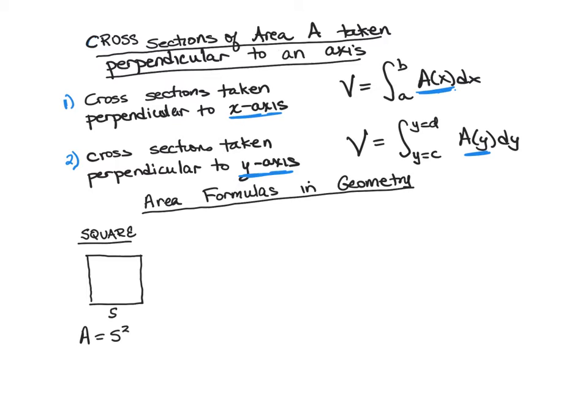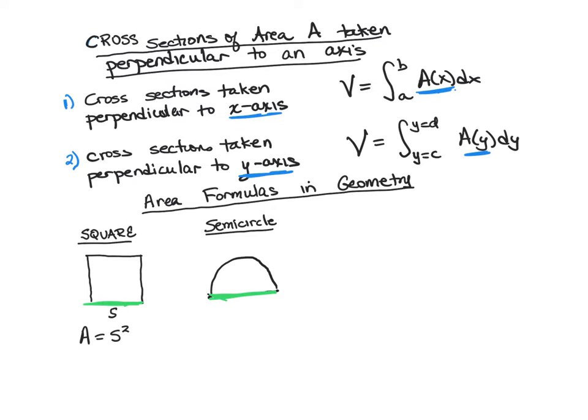So that one is easy. All right, the next one is a semicircle. I should emphasize here that the base of this cross-section would be this green edge. That's S as well.